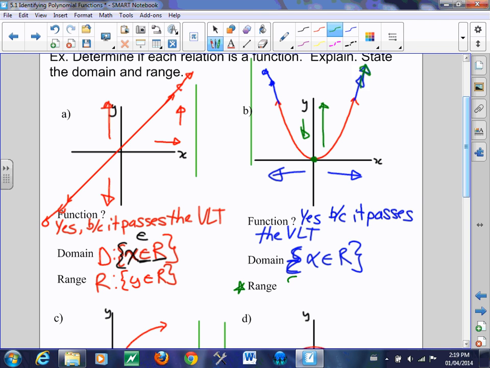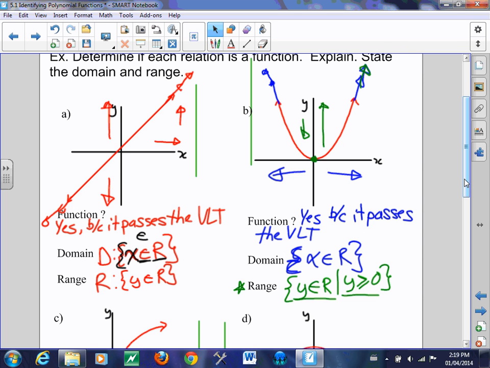So we start off with y belongs to a set of real numbers, such that y has to be greater than or equal to 0, because it's sitting right on the origin there. Remember, this states that we've got a relationship, but there is a restriction, and that's that y has to be greater than or equal to 0.